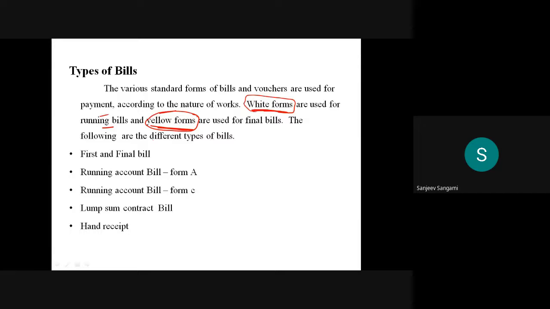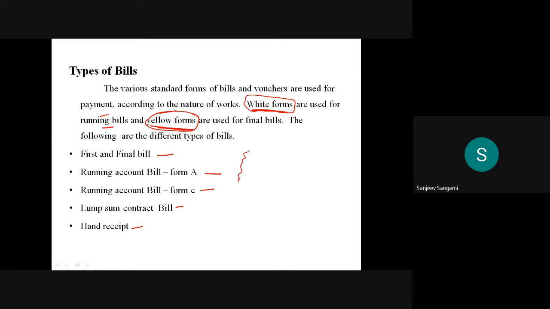The following are the different types of bills: first, the first and final bill; running account bill form A; running account bill form C; lump sum contract bill and hand receipts.